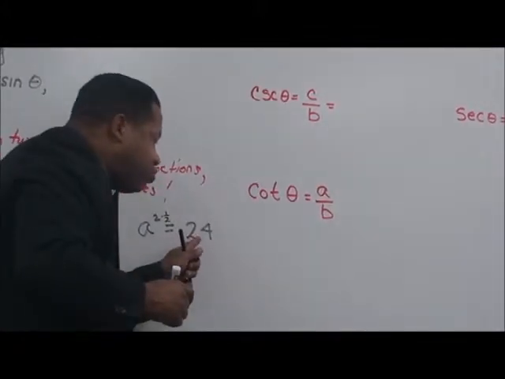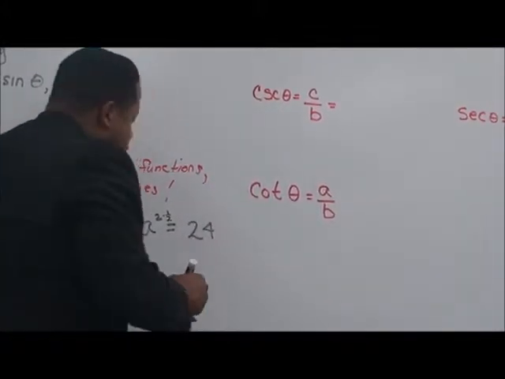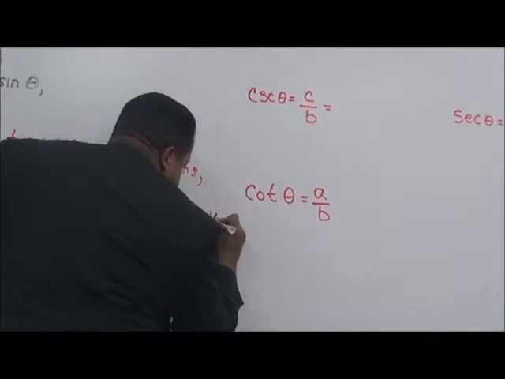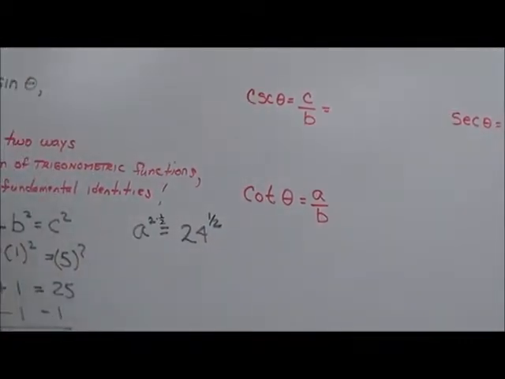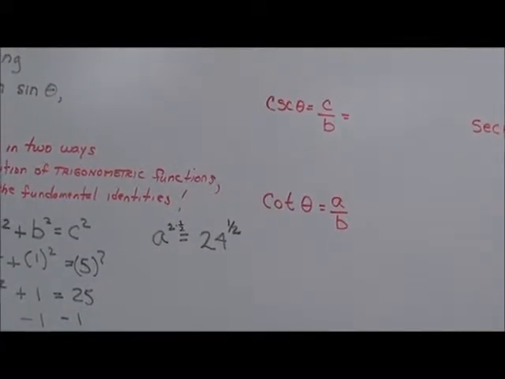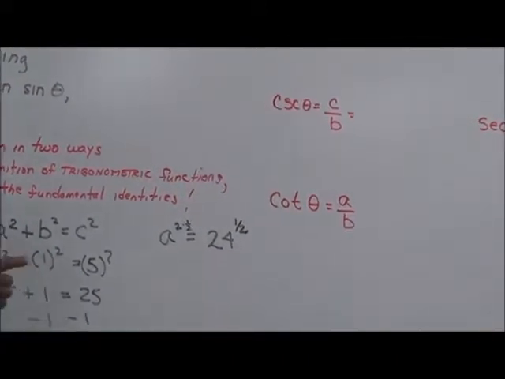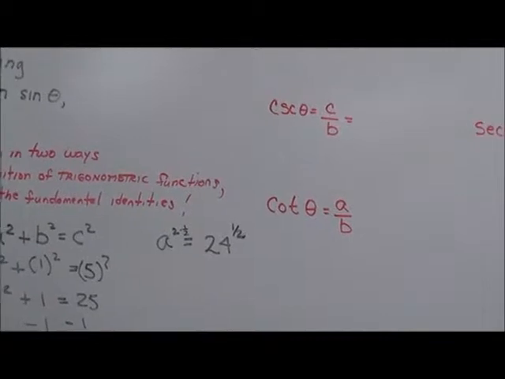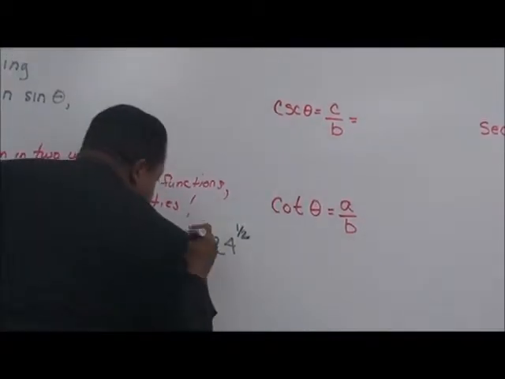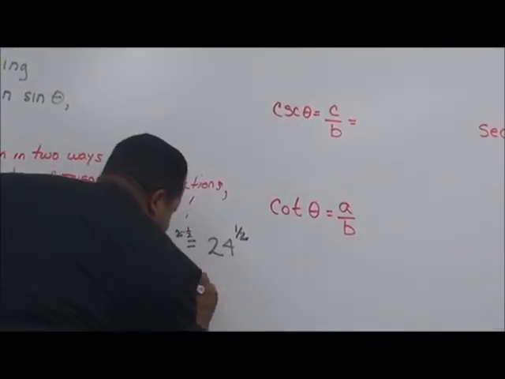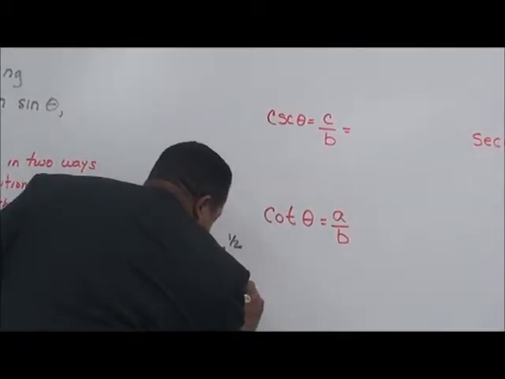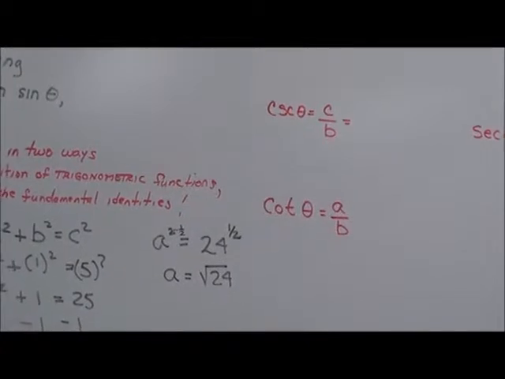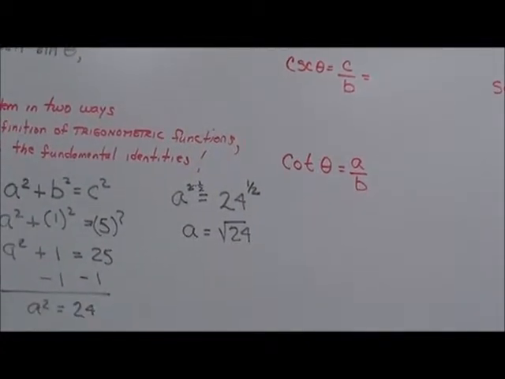This is understood as 24 to the first power. Anything to the power of 1/2 is the square root radical, so this cancels out, and A is equal to the square root of 24. Now we want to simplify that and put it in radical notation.